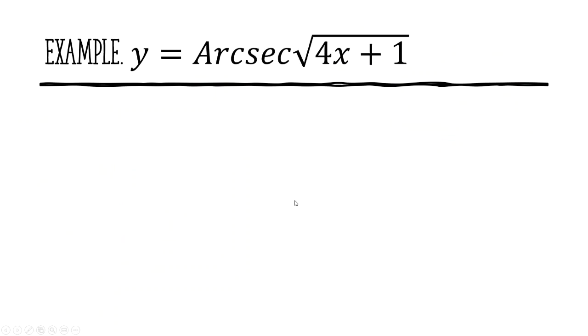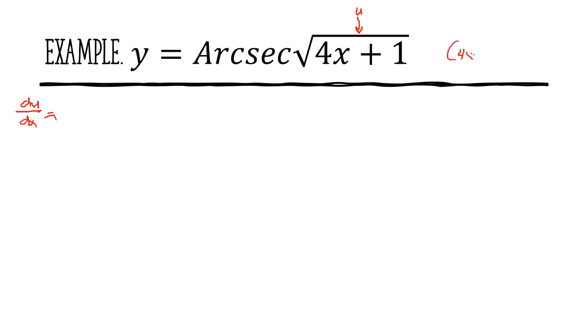Next, we have the derivative, or finding the derivative of arc sec of square root of 4x plus 1. In this case, our u is square root of 4x plus 1. And the derivative of that will just be changing this into an exponent.